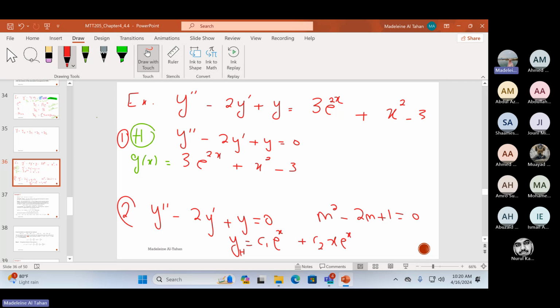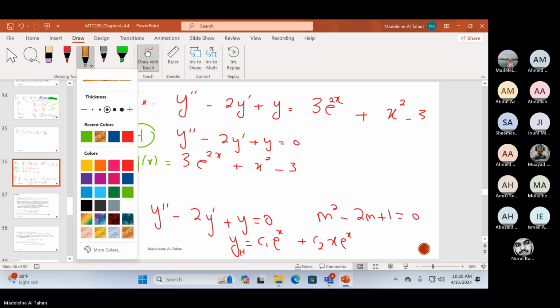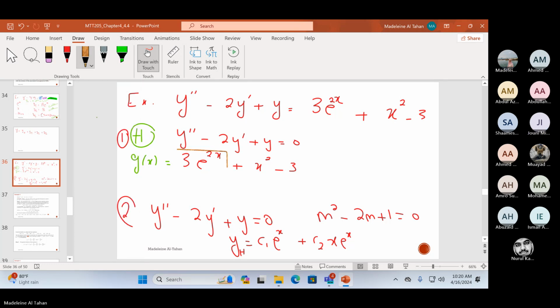We will get a double root, m1 equals m2 equals 1, right, miss? Yes. Okay. This one is exponential and this one is a polynomial of which degree? Degree 2. So here, how many particular solutions do we have?